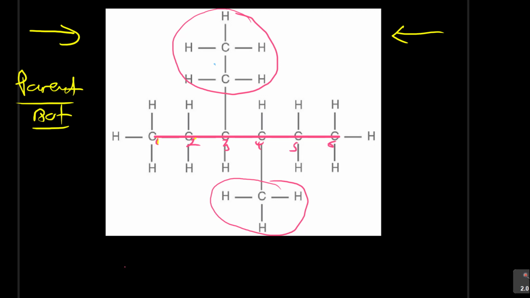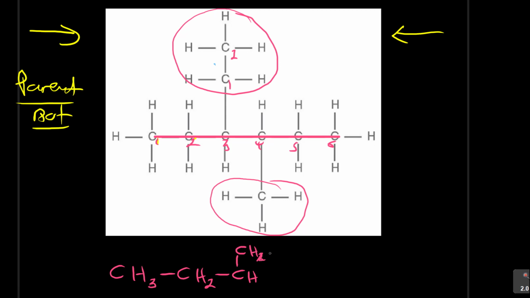I've got CH3, CH2, and then CH. Now let me pause there. It's CH, so let me leave it like that. Then there is a branch here. Look at the branch. How many carbons? 1, 2. It's a branch with 2 carbons. Remember, it's ethyl, which is what?